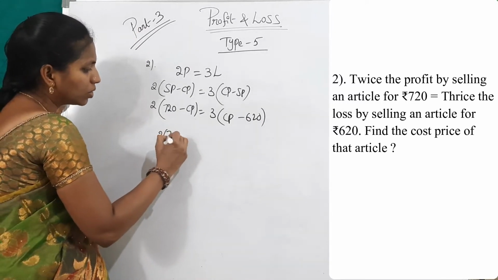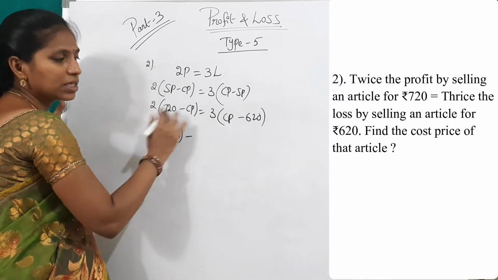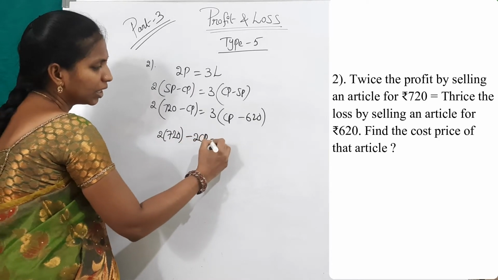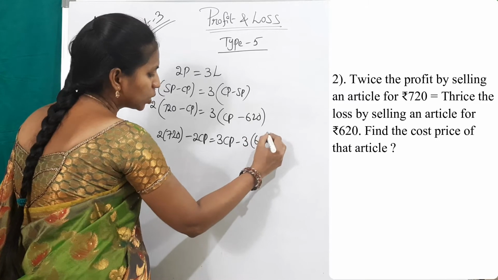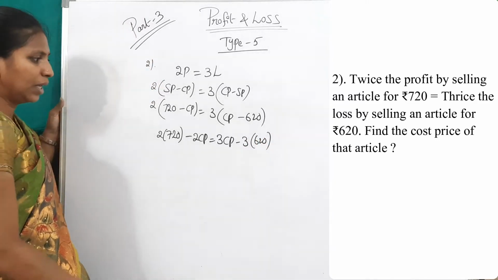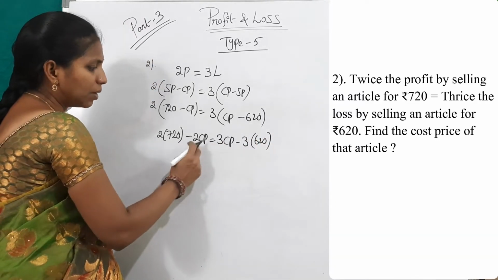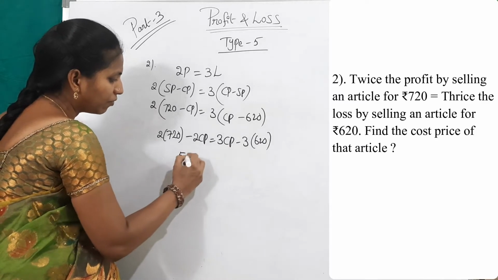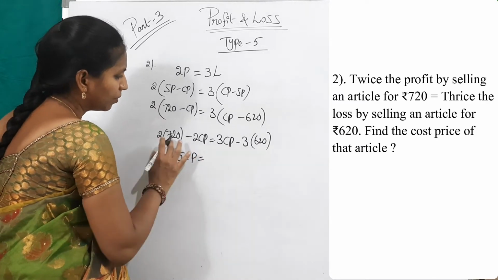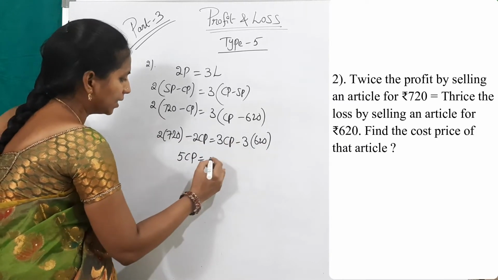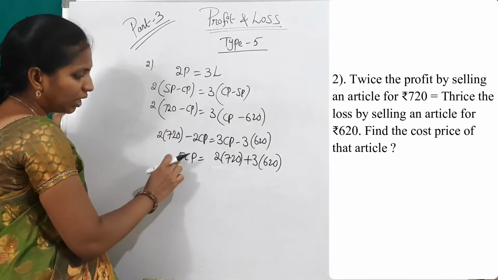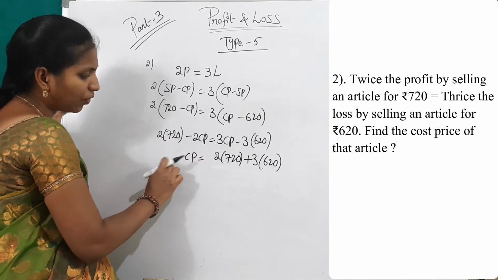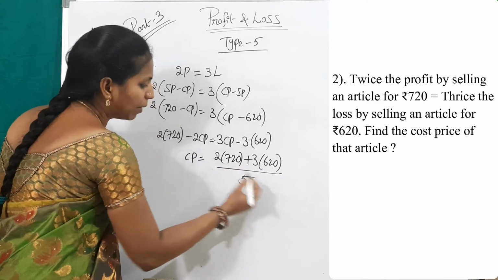Now 2 into 720 minus 2CP equal to 3CP minus 3 into 620. 2CP and 3CP, 5CP. 5CP equal to 2 into 720 plus 3 into 620.